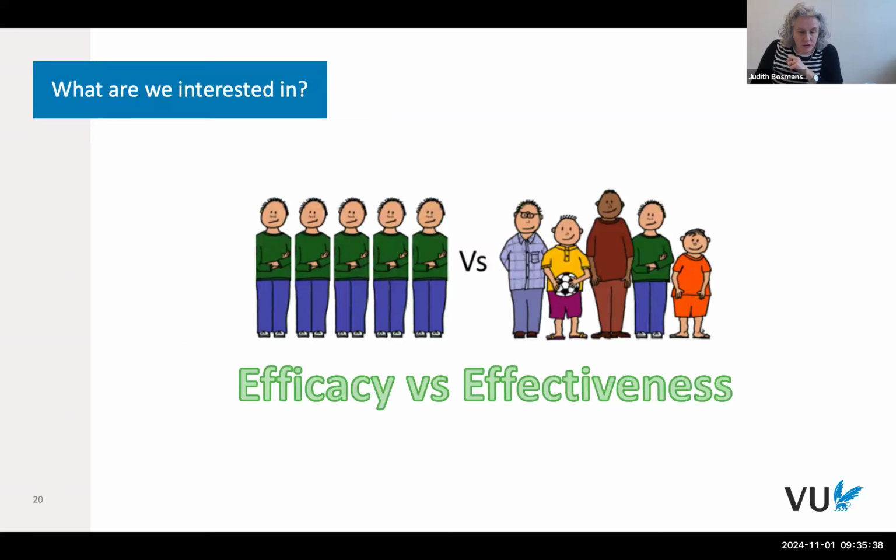And basically what it comes down to is that in randomized controlled clinical trials, we're generally interested in estimating the efficacy of the new intervention compared to the standard of care. So we want to know whether under strict circumstances in a strictly selected population, the new intervention works. Whereas for economic evaluations, for healthcare decision making, we're much more interested in effectiveness. So does the intervention also work, is it also cost effective in our actual clinical daily setting?